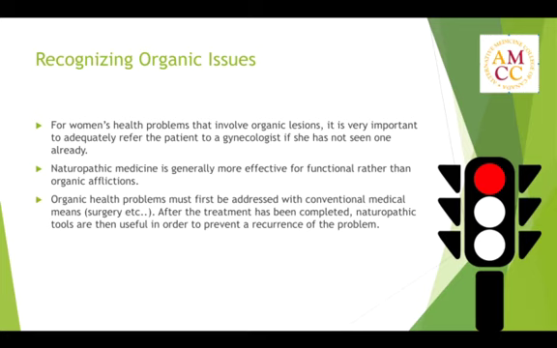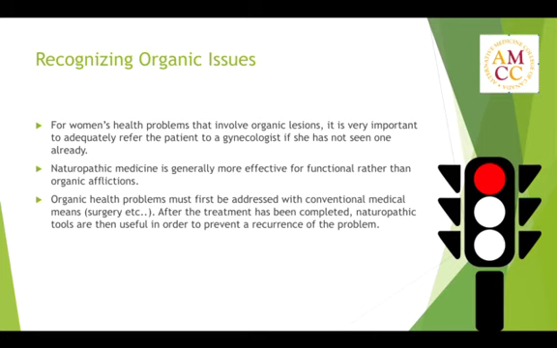And if you feel like the symptoms warrant it and you're worried that this is actually an organic issue, you need to make an adequate referral to their GP or gynecologist, especially if she hasn't seen one already. Oftentimes, if there is an organic affliction, like a large fibroid, a large cyst, a lot of endometriosis, the woman will have to go through conventional medical treatments, even if that involves some sort of surgery, or medical treatment with medication.